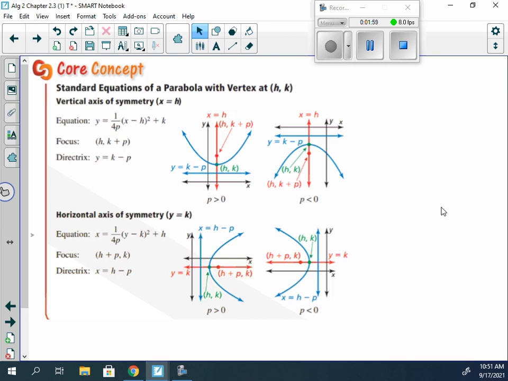Our directrix is x is equal to h minus p, and our axis of symmetry is y is equal to k. And our vertex is going to be the point h comma k.